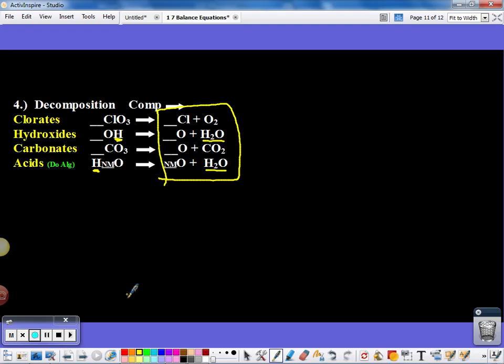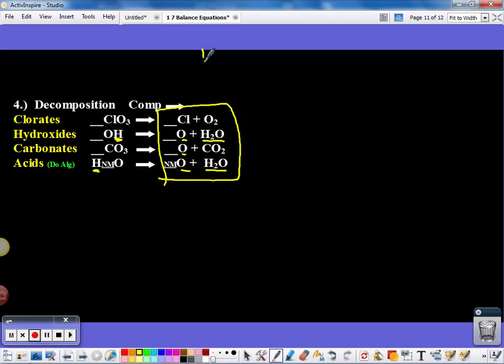Notice that every one of them is compound plus compound except for the chlorate. Again, that might help. And 3 out of the 4 end up with some kind of oxide. The only one that doesn't give you an oxide is chlorate. It gives you chloride.